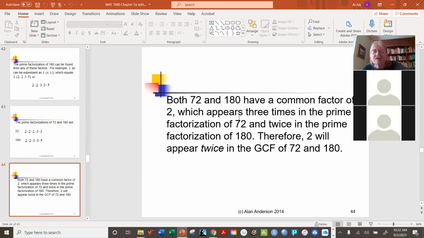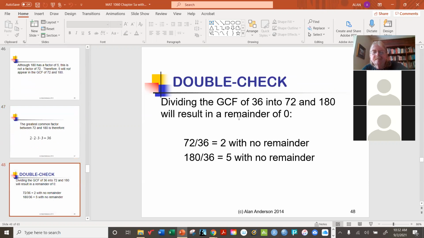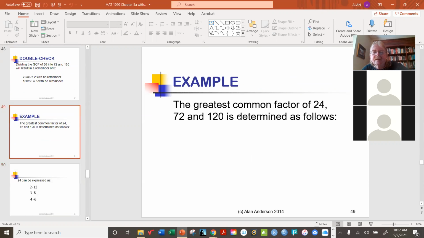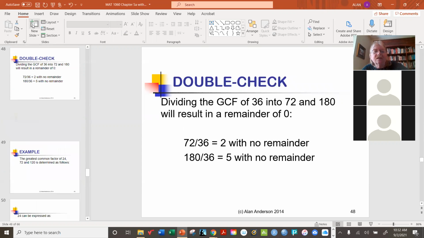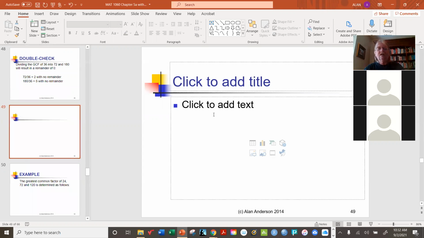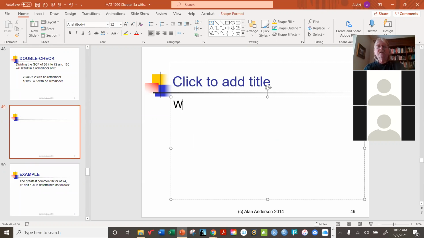I think we just did 72 and 180. Right now, let's do one more, just to make sure you remember what we did. What is the greatest common factor of, let's say, 120 and 180?